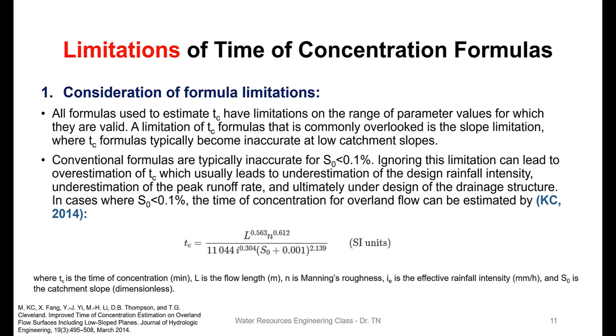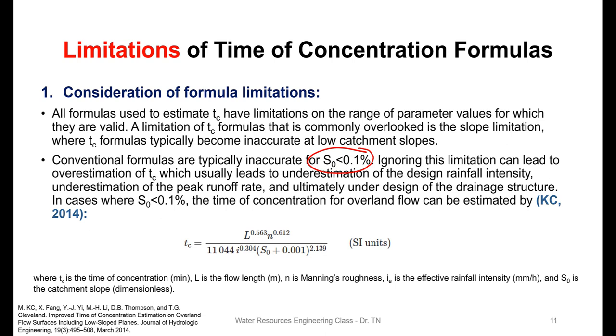In general, the majority of the equations that I showed you were developed for moderate slopes. So if you have a slope that is less than 0.1%, then you cannot use those equations to find time of concentration.